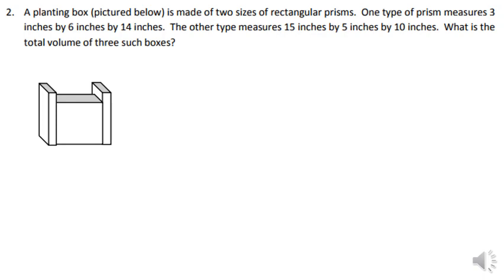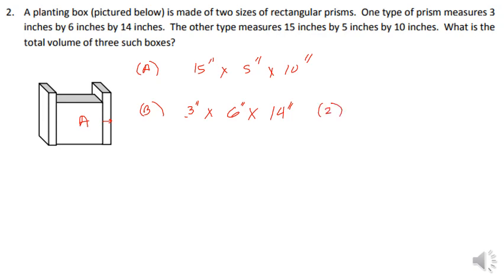So the 5 inch, this one here, 15 inch by 5 inch by 10 inch, it's going to have to be my larger one, which I'm going to say is A. B is going to be my other one, which is 3 inch by 6 inch by 14 inch. Now I'm just doing that because I can tell this smaller one right here for width has to be my 3 inch. And there's 2 of these.